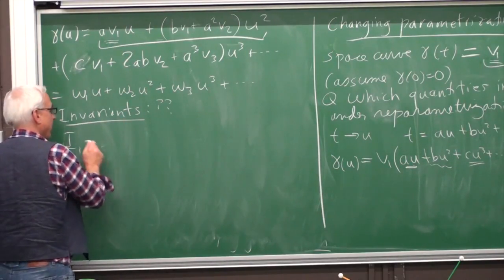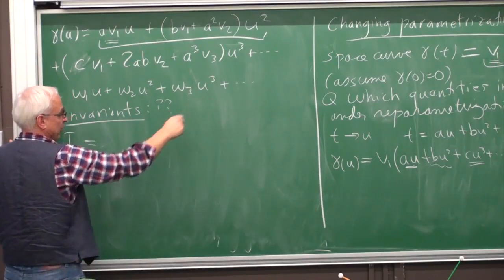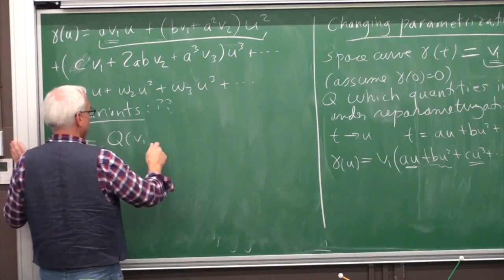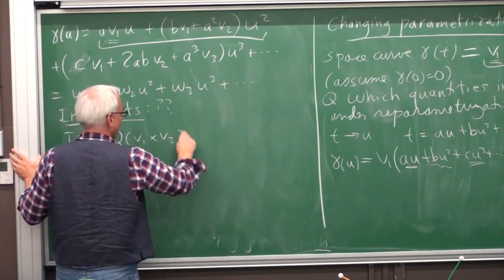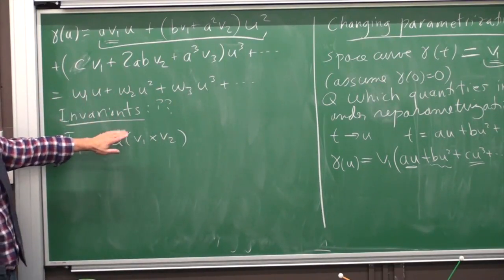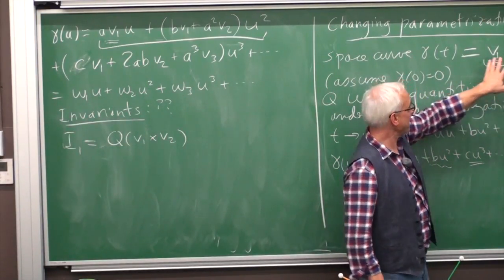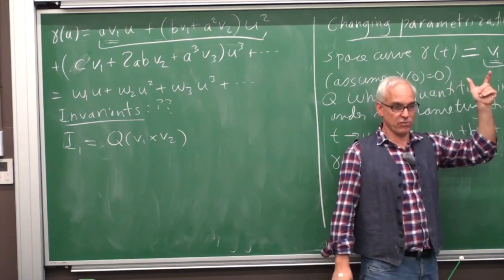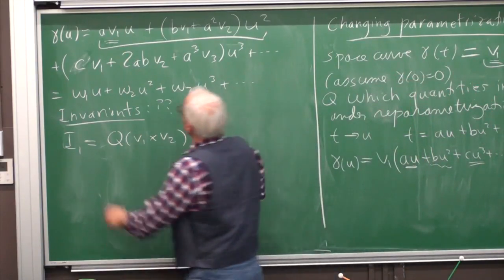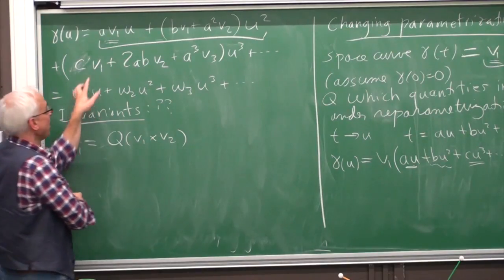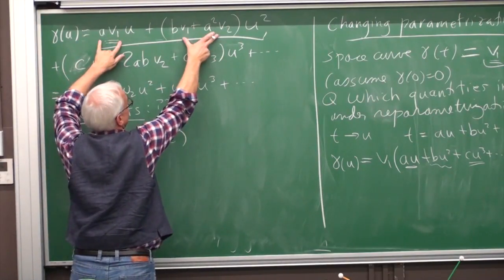It's, maybe from this expression here, the quadrants of V1 cross V2. Let's just look at the cross product between V1 and V2. I take this vector and take the cross product. What happens if I take the cross product between W1 and W2? In other words, between this and this.